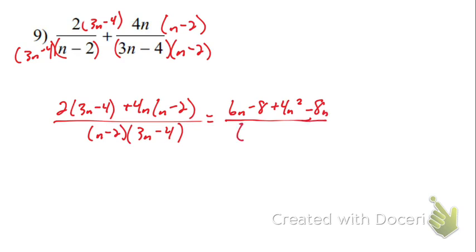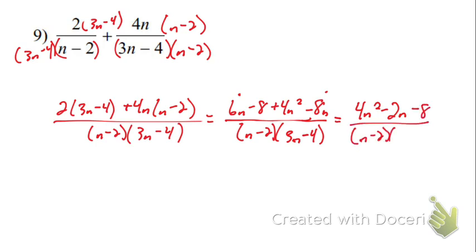That's all over n minus 2, 3n minus 4. So then, we got 4n squared minus 2n from those two. And then I have minus 8 all over n minus 2, 3n minus 4.